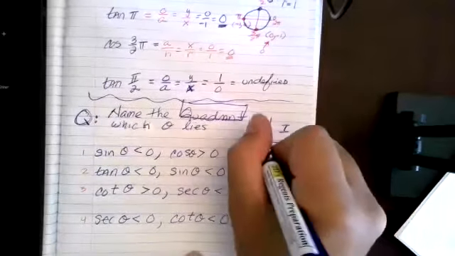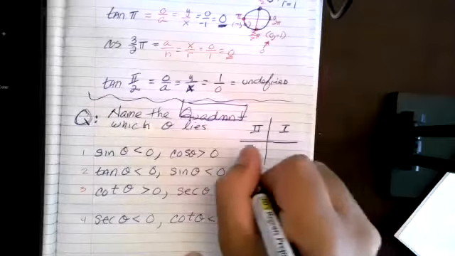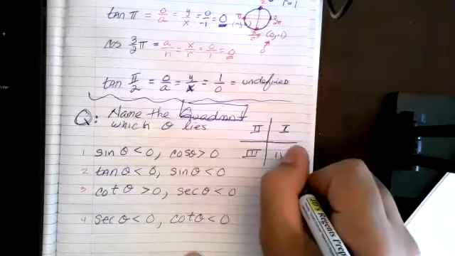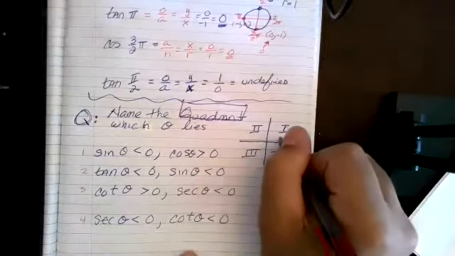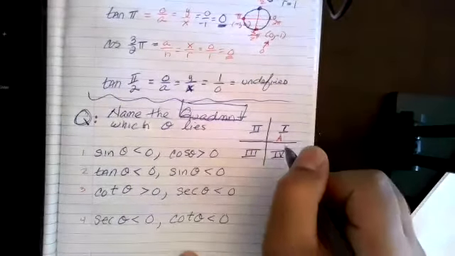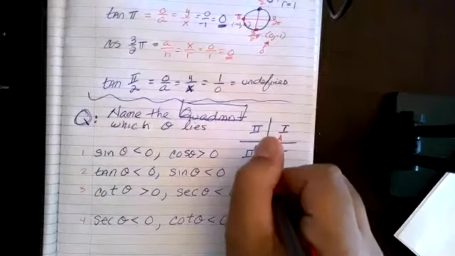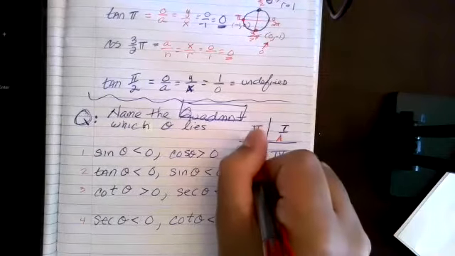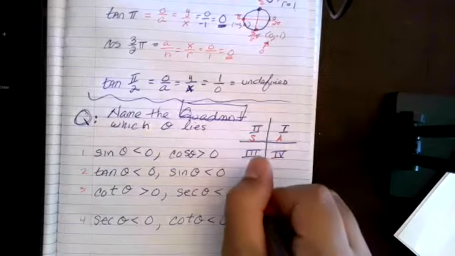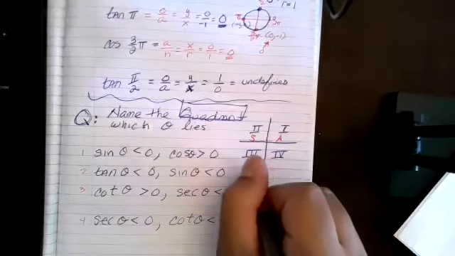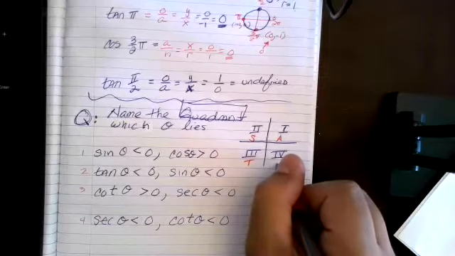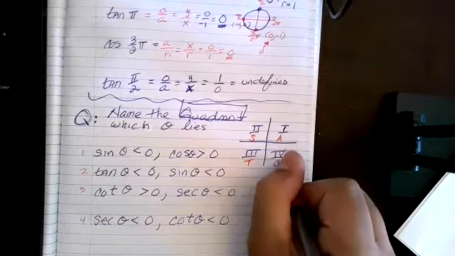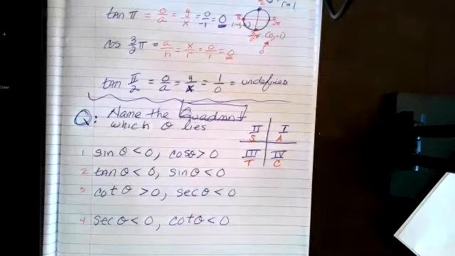We have 4 quadrants. And we know in the first quadrant, all of our trig functions are positive. In the second quadrant, only sine is positive. In the third quadrant, tan is positive. And in the fourth quadrant, cosine is positive.